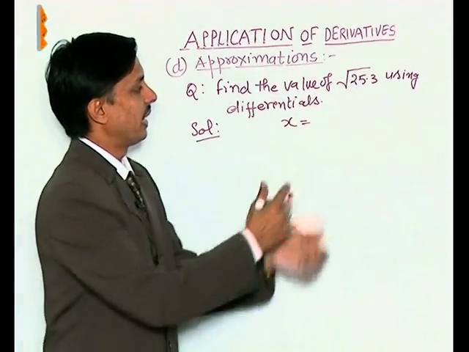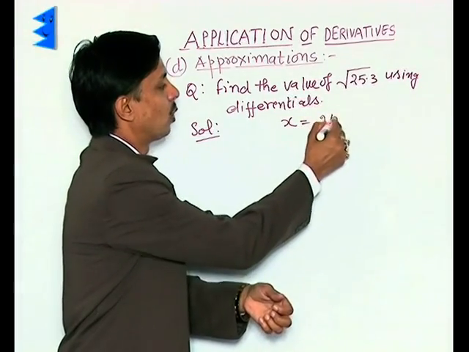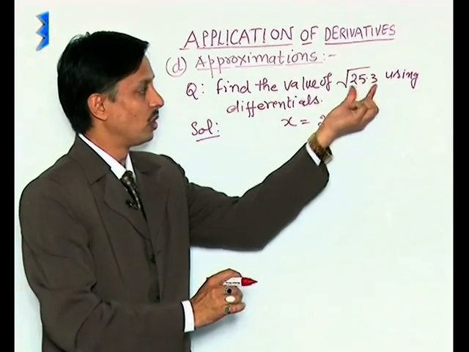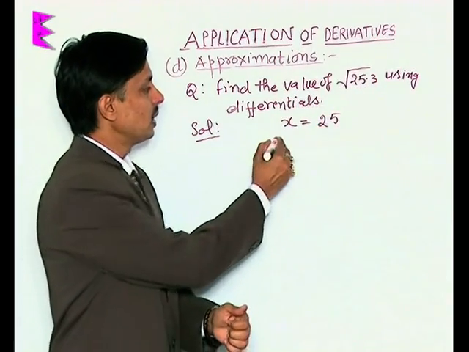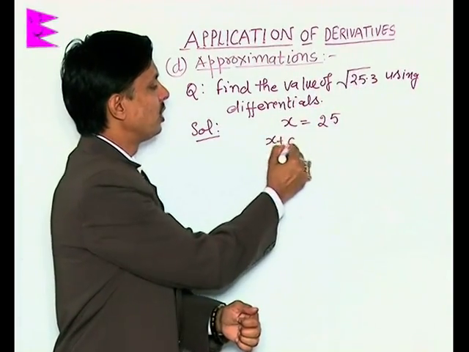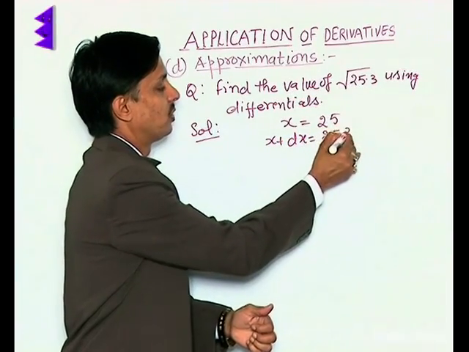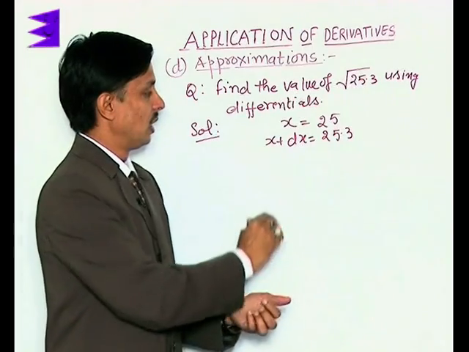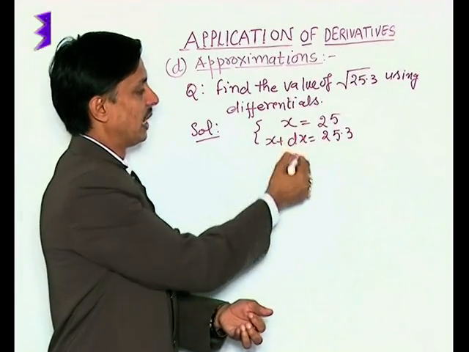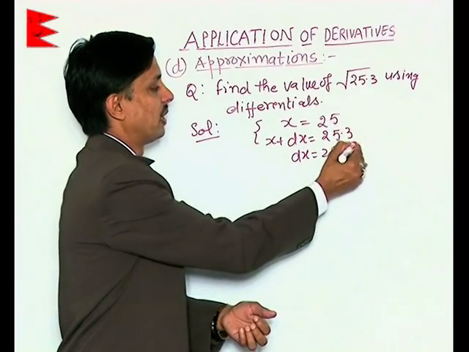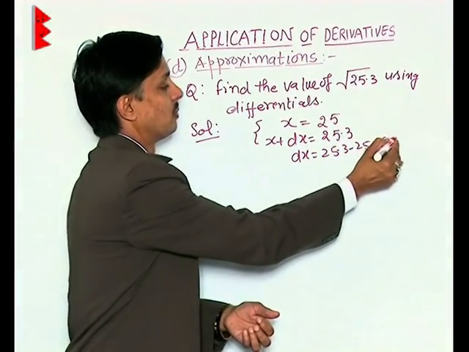So, if I take x as 25, because this is the closest perfect square to the number which is given, then a small change dx is made, then x plus dx becomes 25.3. If I say with the help of this what is the answer of dx, it is 25.3 minus 25, this becomes 0.3.